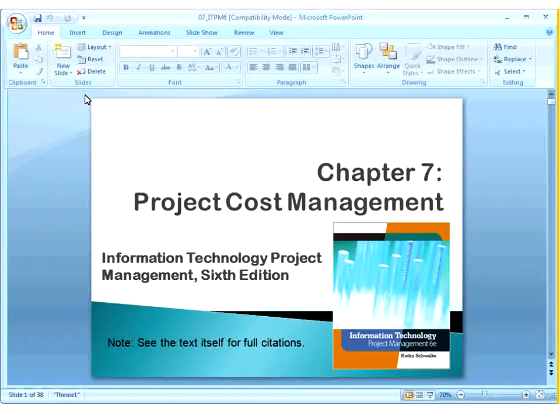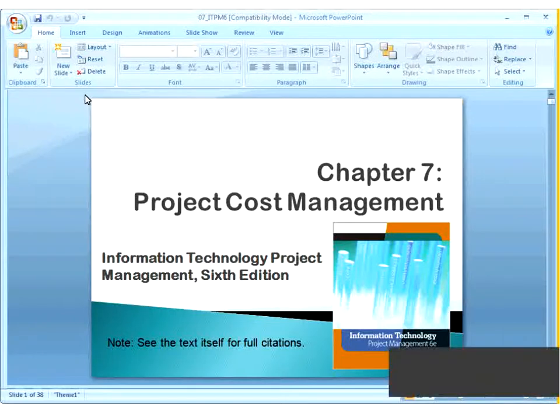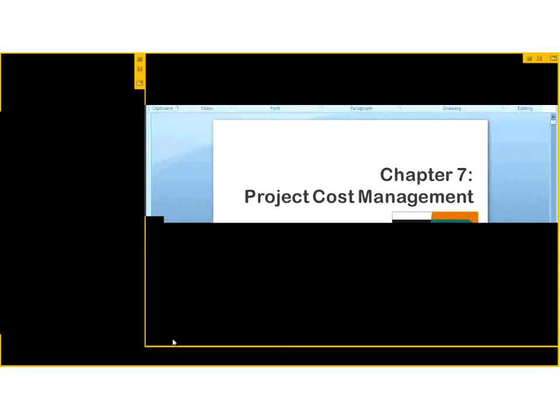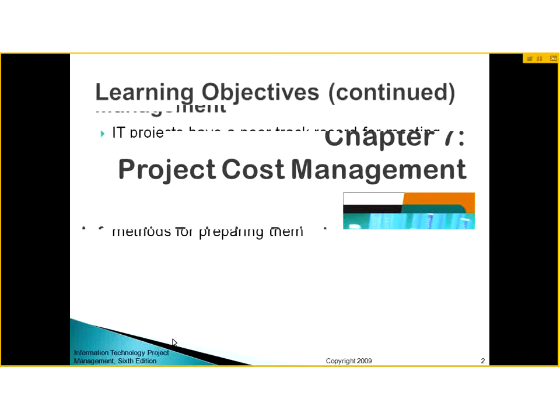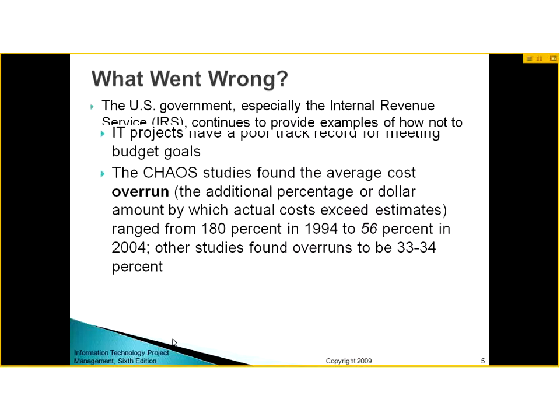So we were talking about project cost management, which is one of the very important knowledge areas in project management, because cost is one of the factors considered for the success or failure of a project. I'm going to skip this and start from here.